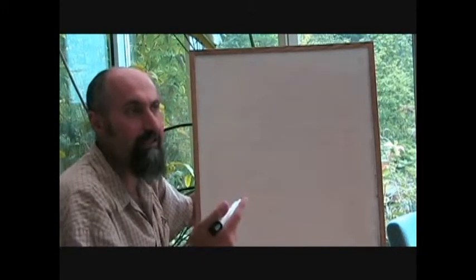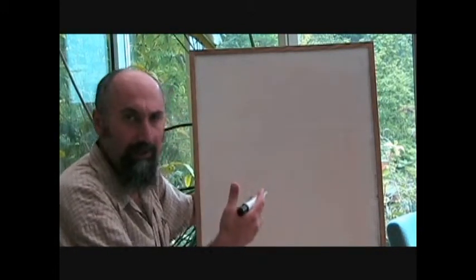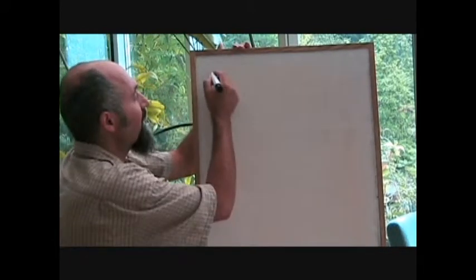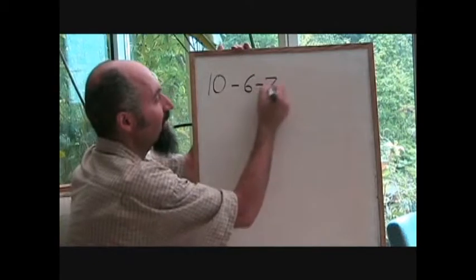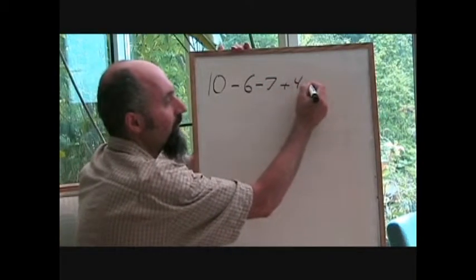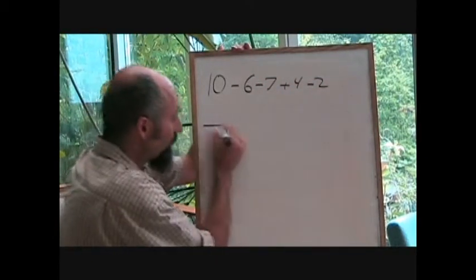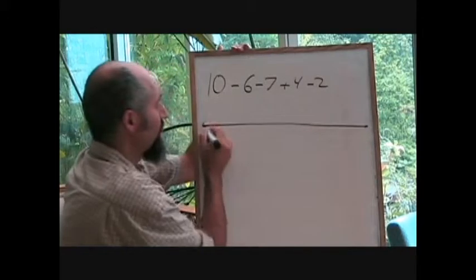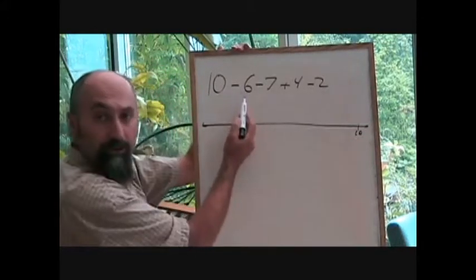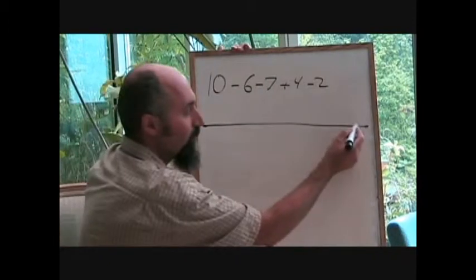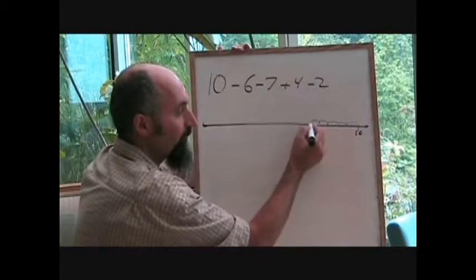So those are simple examples with two numbers. Let's try 5 or 6 numbers together, switching between them. Let's say you had 10 minus 6 minus 7 plus 4 minus 2. If you do your number line here, start off at 10. What you're going to do is go back 6. So 1, 2, 3, 4, 5, 6.